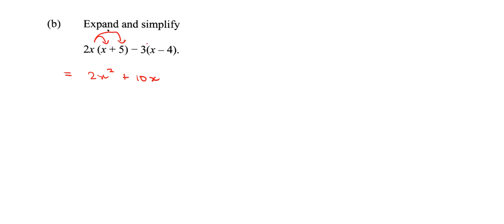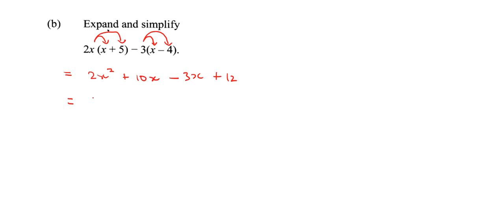And then we have to simplify the second bracket. So you have minus 3 multiplied by x. So we end up with minus 3x. And then we have to take the minus 3 and multiply it by minus 4, which would give me plus 12. Because a minus multiplied by a minus becomes a plus.